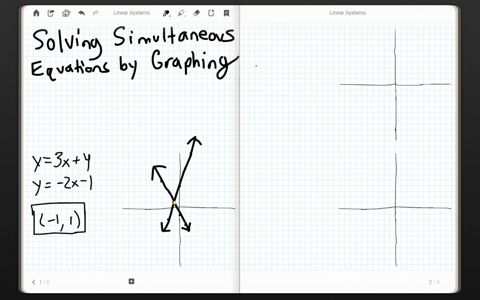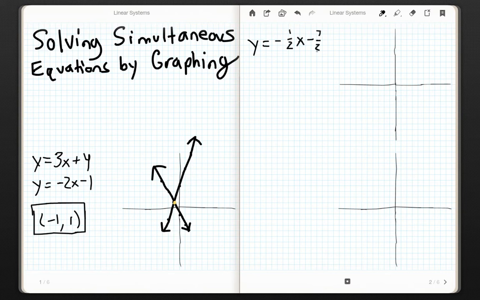Let's do another one. Let's throw some fractions in here. Okay, this one we will have y-intercept of negative 7 over 2, slope of negative 1/2.